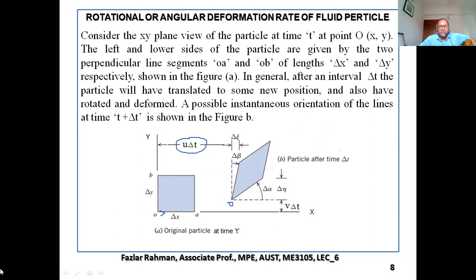So the vertical distance traveled by point O is delta V into delta t, where V is the y component of velocity.